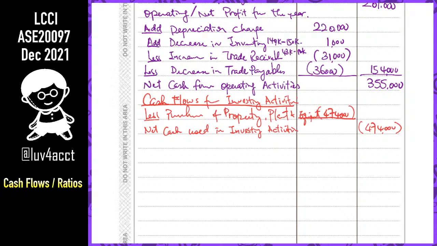Okay, next one, you have cash flows from financing. Financing activities. So what do you have? Repayment of bank loan. Is it bank loan or debenture? Let me see.